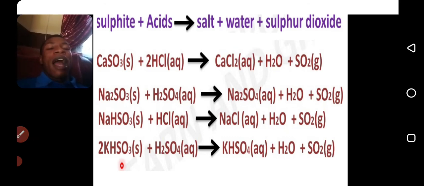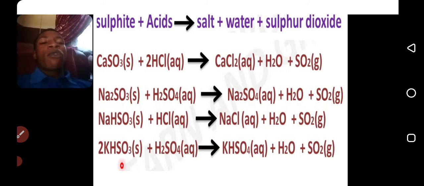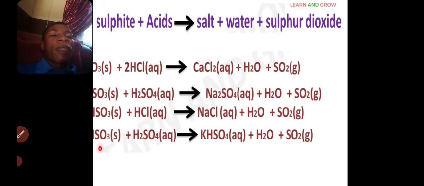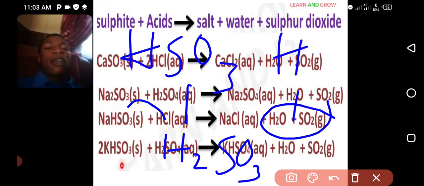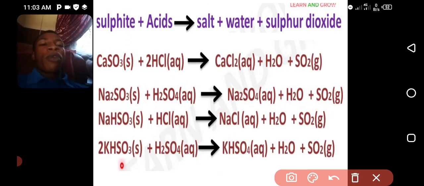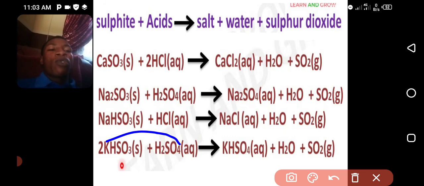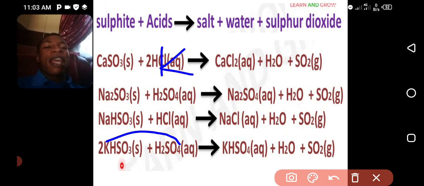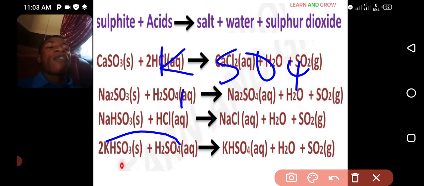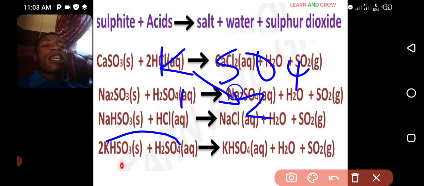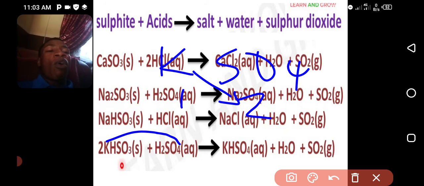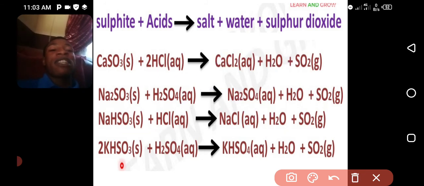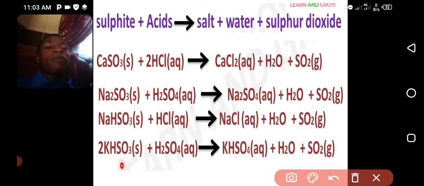KHSO3 and H2SO4. The K will pick up SO4. Valency of K is 1, valency of SO4 is 2, giving us K2SO4, or if you like, KHSO4 if the reaction is not complete, but don't bother about that for now.